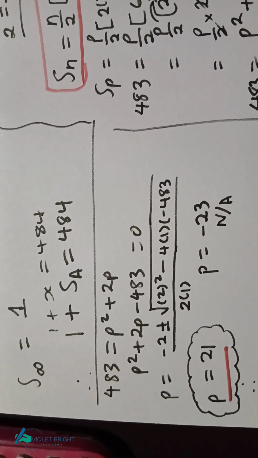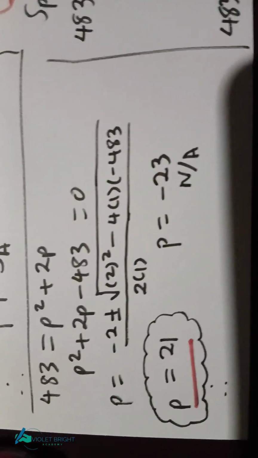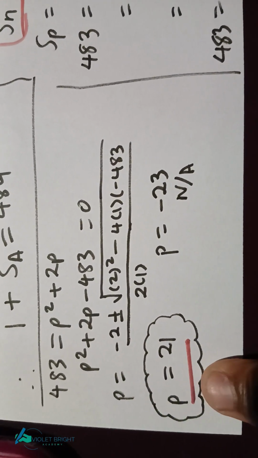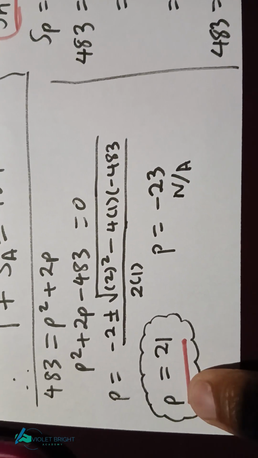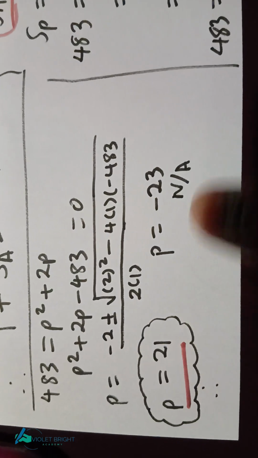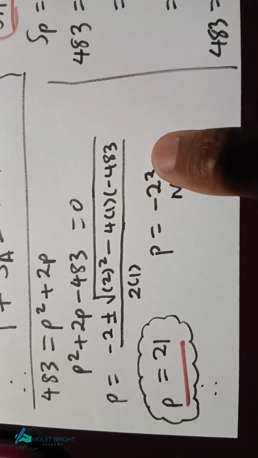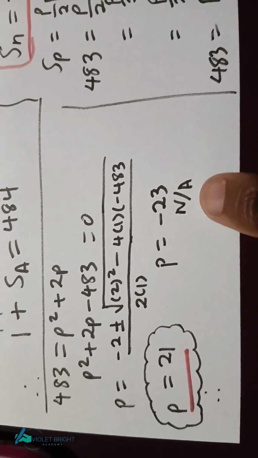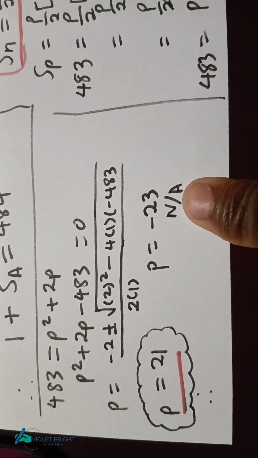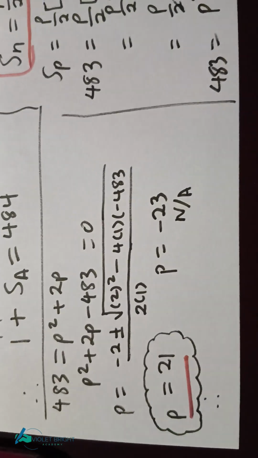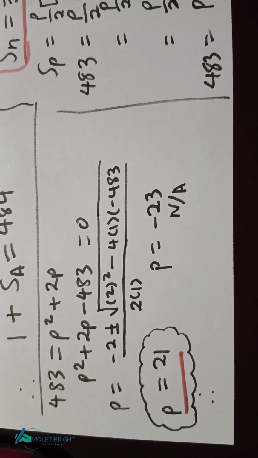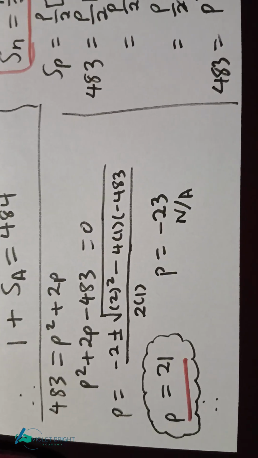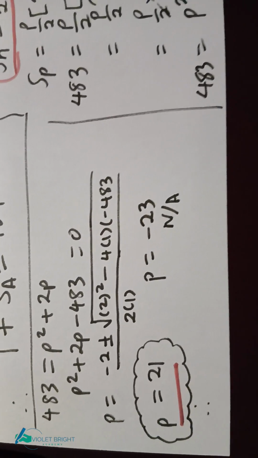After this, we find two roots: p equals 21 and p equals negative 23. The negative is not applicable, because we cannot have negative 23 terms in the sequence. So the number of terms will be 21.